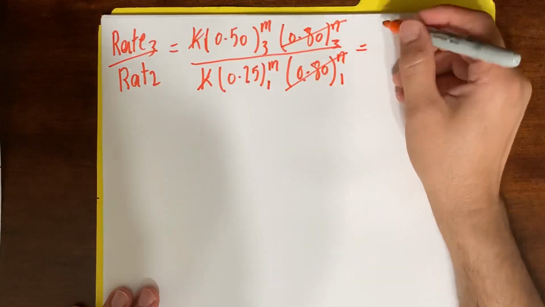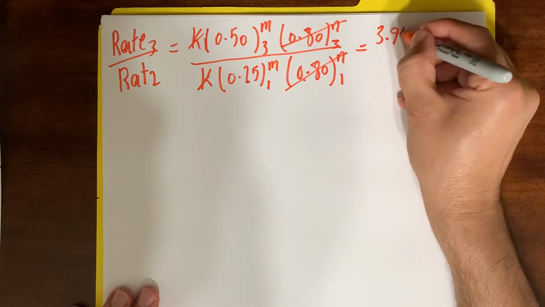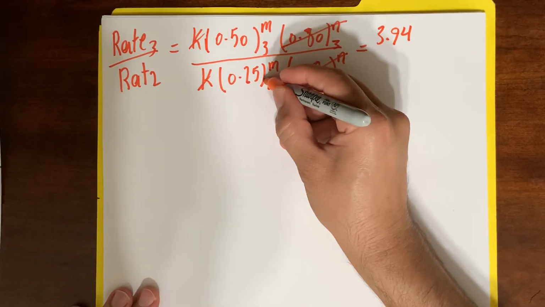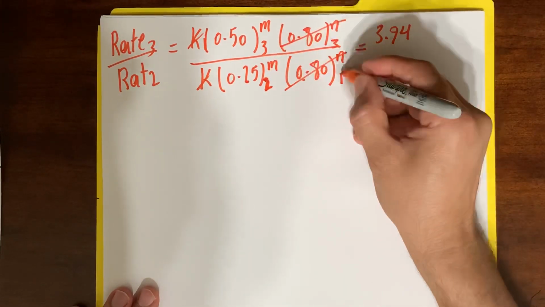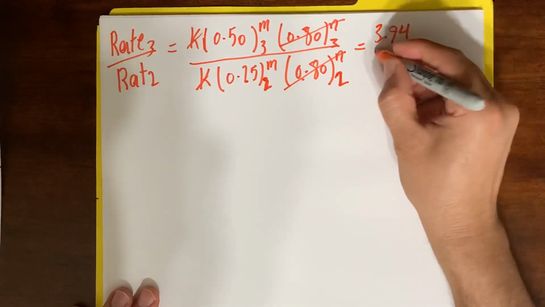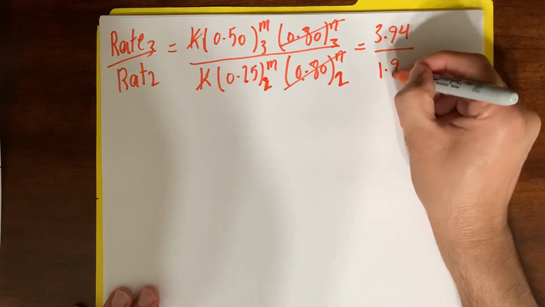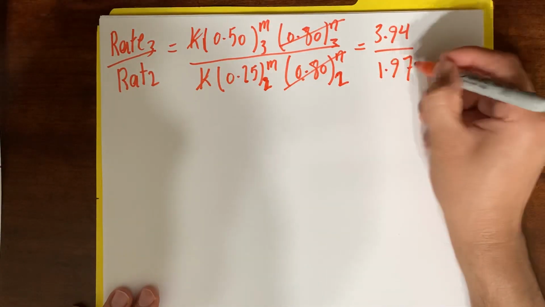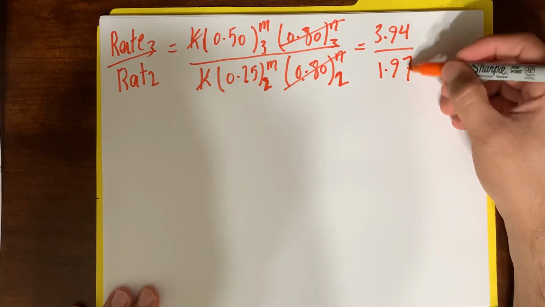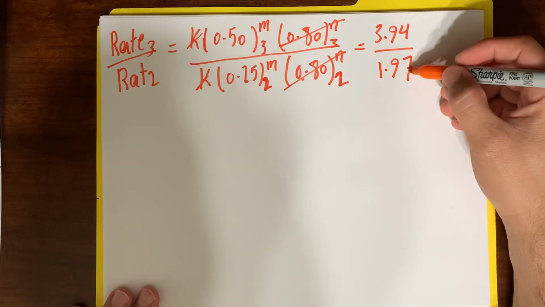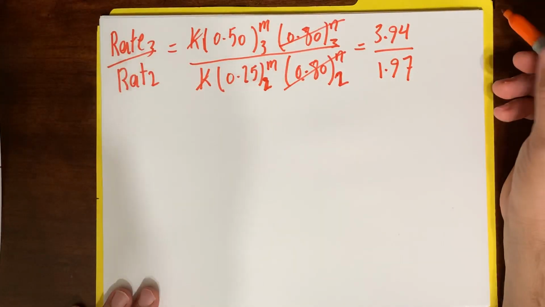Rate of third reaction is 3.94. Sorry, this is the second reaction, my bad. Rate for the second reaction is 1.97. Check, the ratio is equal to 2. So that means m is going to be equal to 1.